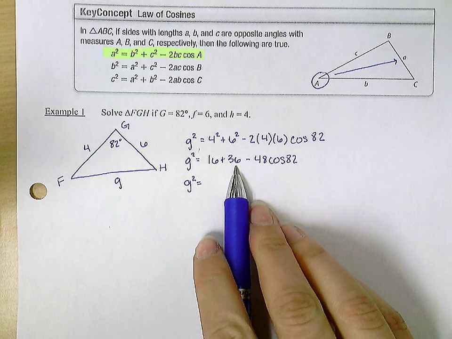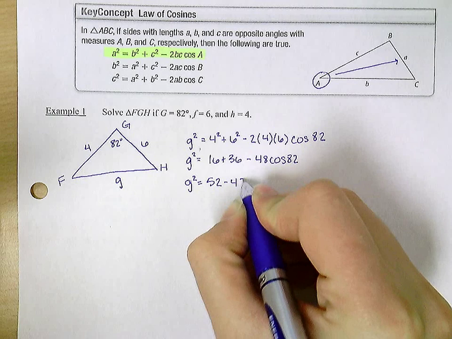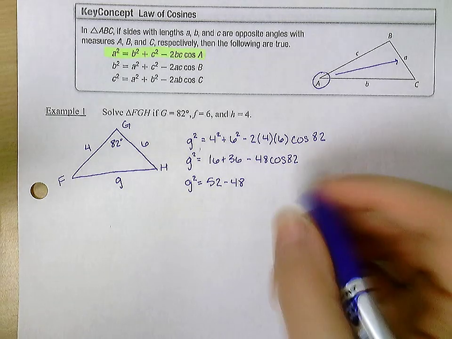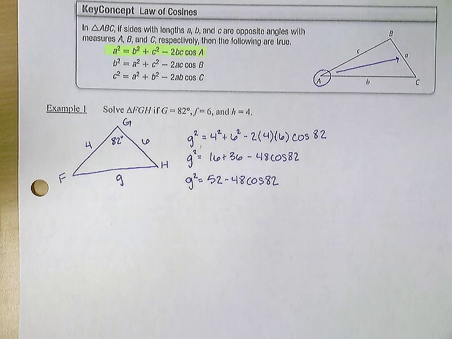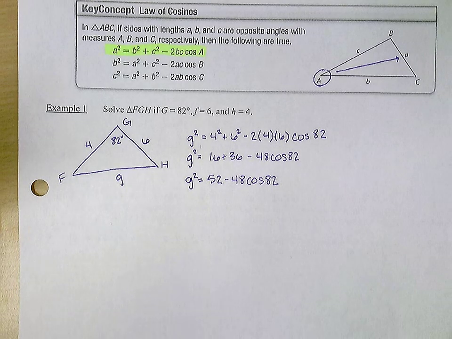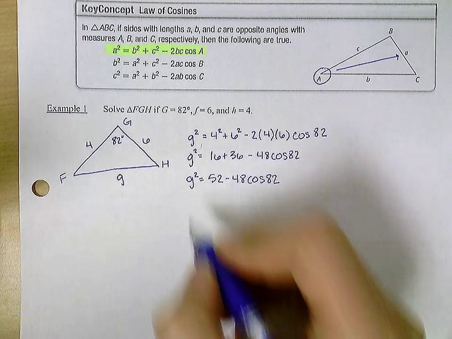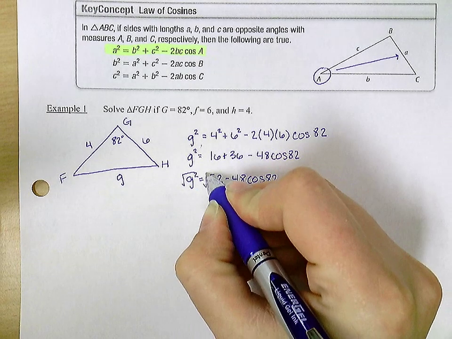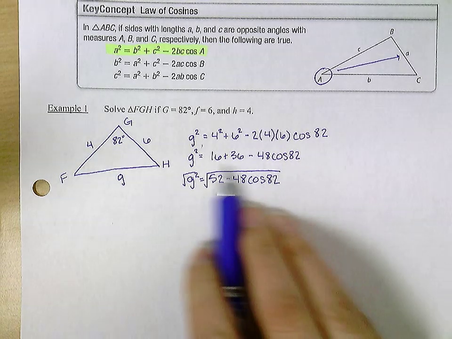So I can add these two terms together to get 52, but do not subtract 48 from that. All right, so I still have this g squared, correct? To get g by itself, you take the square root of both sides. So this is what I would plug into my calculator.